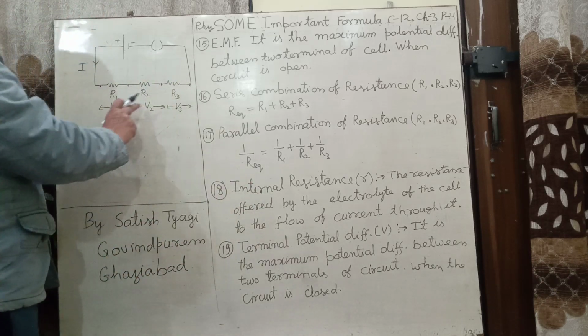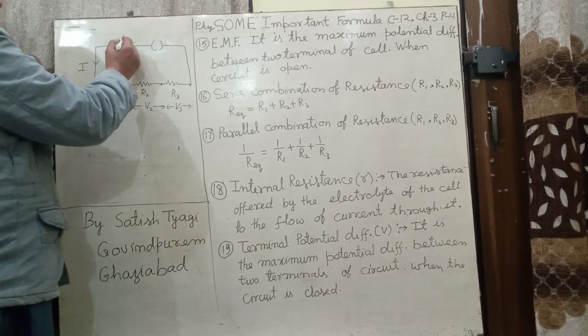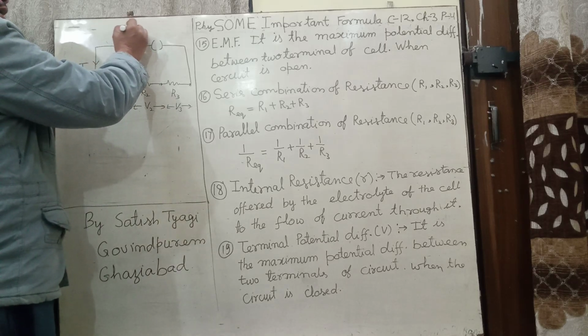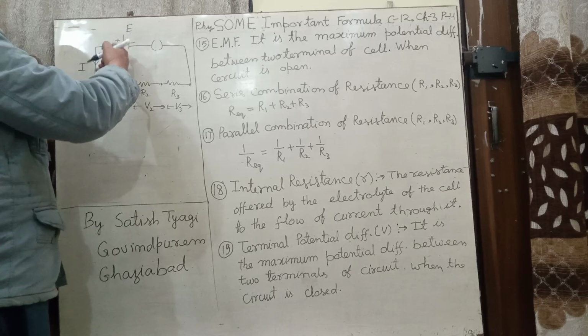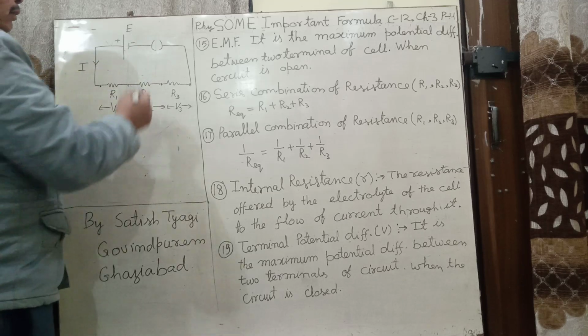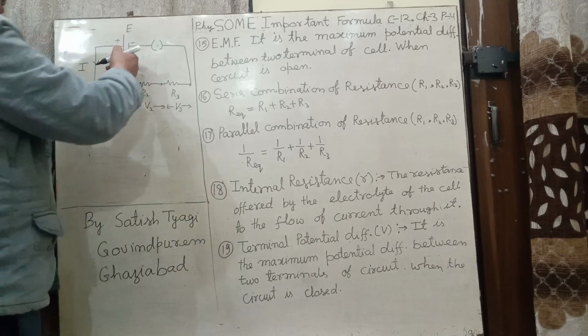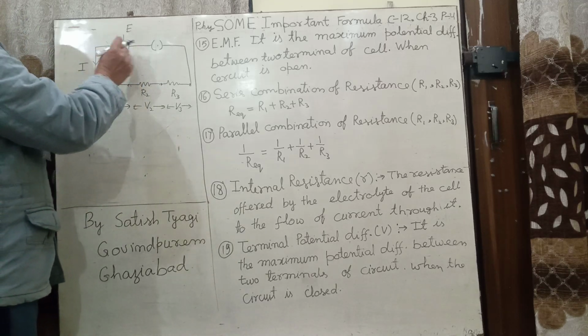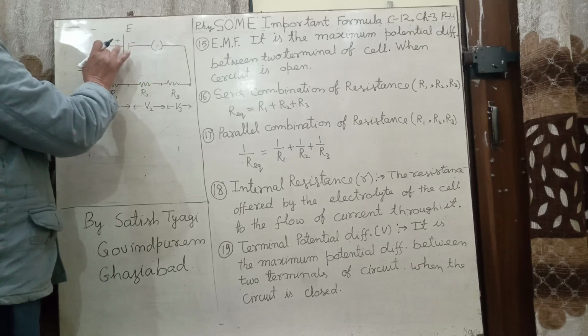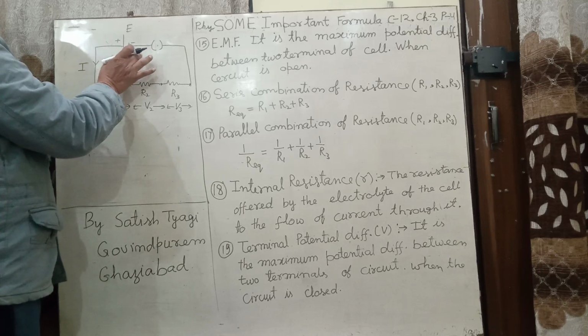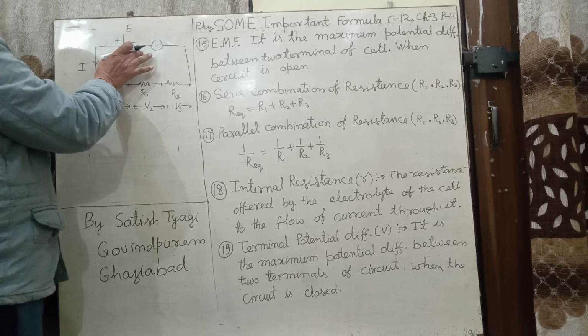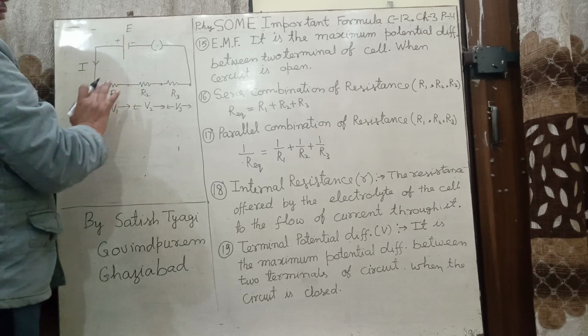It is denoted by V, and E is the EMF, electromotive force of the cell. The electromotive force is the potential difference of the cell when no current flows from the cell.